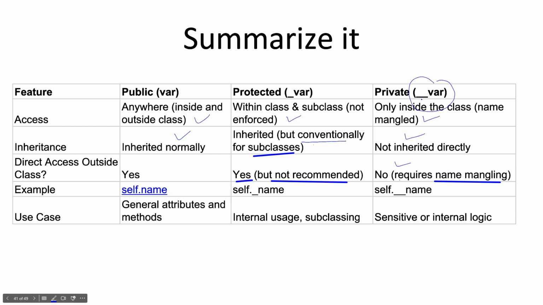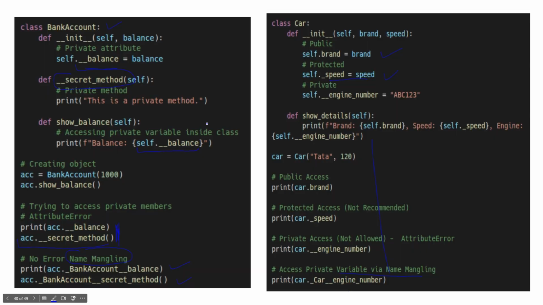If you try to do inheritance on this variable, it won't work. So the use case: general attributes and methods for public, internal use of subclasses for protected, and private is for sensitive information. For example, here balance is your secret information, so we are keeping it as a private attribute. This attribute will not inherit in a subclass.